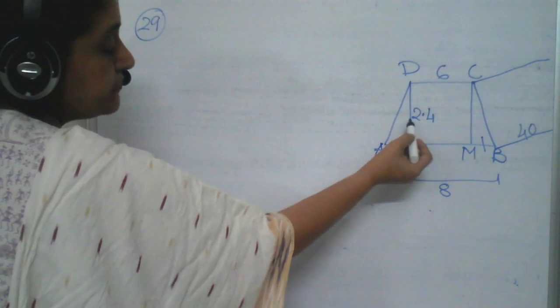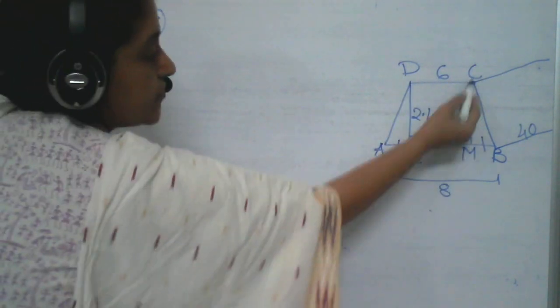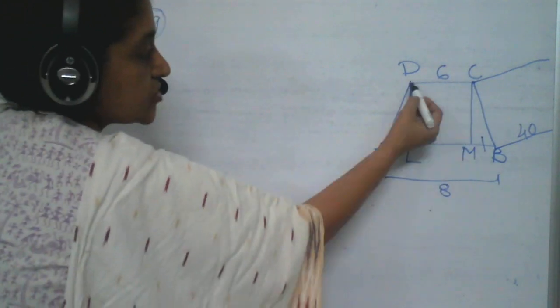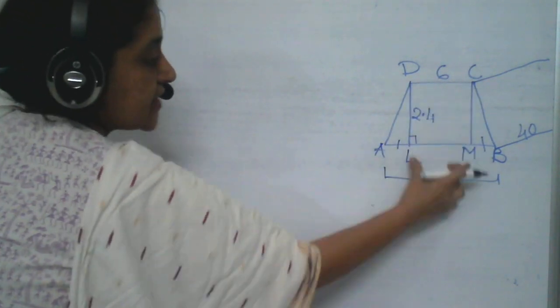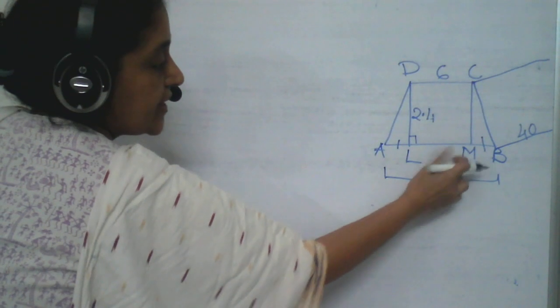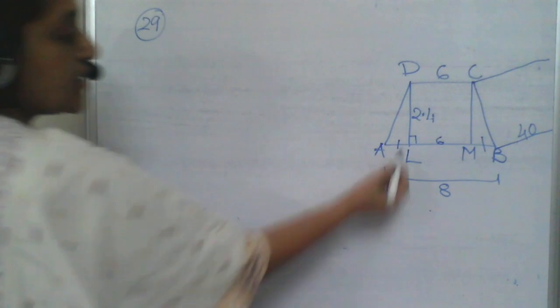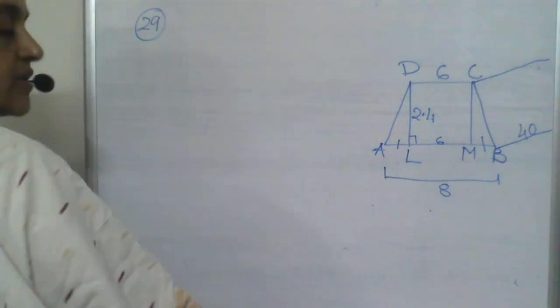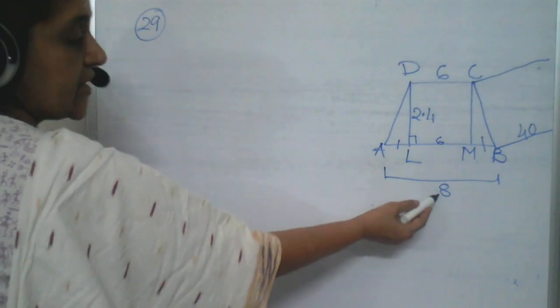Now this is perpendicular and these two are parallel, so whatever DC length is there, that much will be between L and M. So L and M will make what? 6 meter length, and L to A 1, M to B 1. Why is it 1? Because the total length is 8 meters.